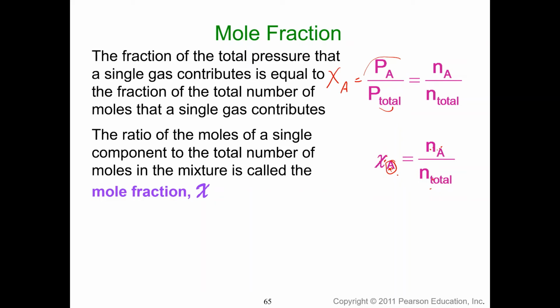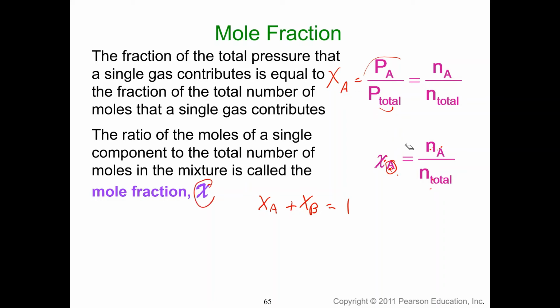Now, if you have the mole fraction of A and the mole fraction of B, so you have X of A plus X of B, this has to be equal to 1. That's what I was saying, right?